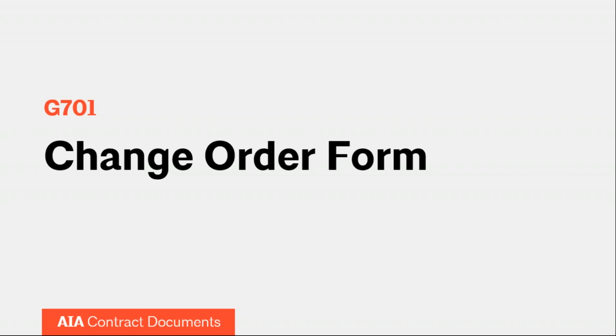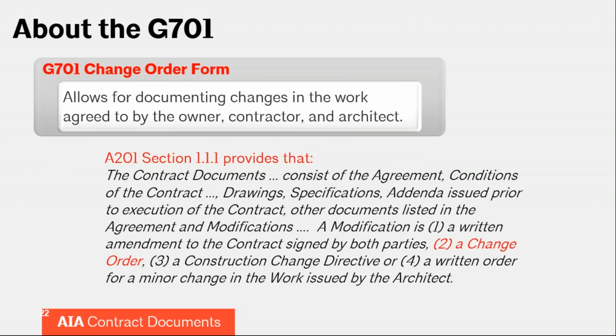So the G701 applies to a lot of projects within our document system. And we have a few different versions, but all based on the G701 chassis. So you know how this form works, which is a very simple form. You'll understand how all of those other forms work as well.